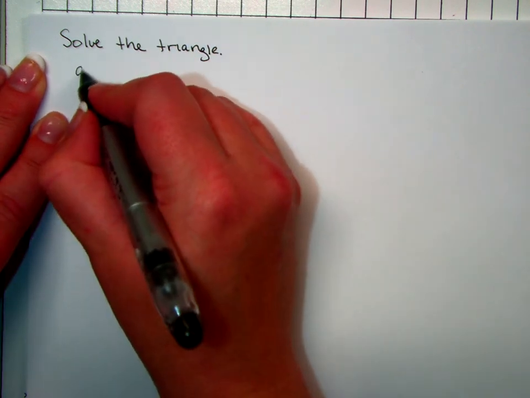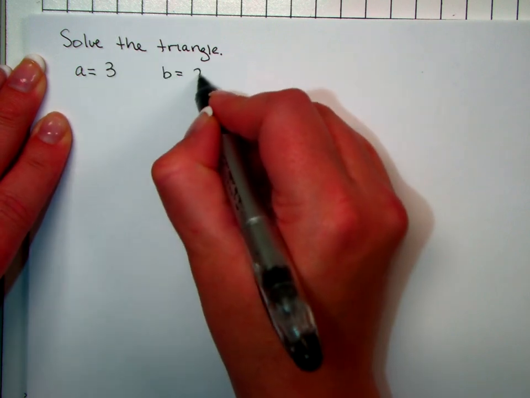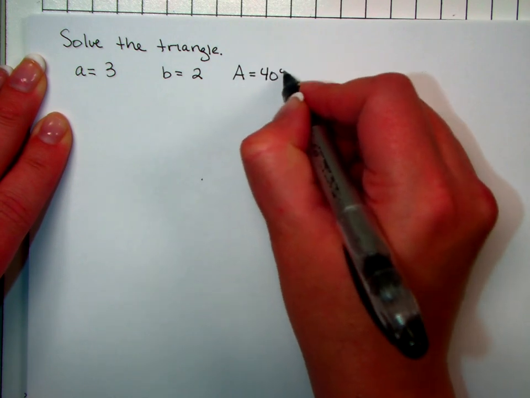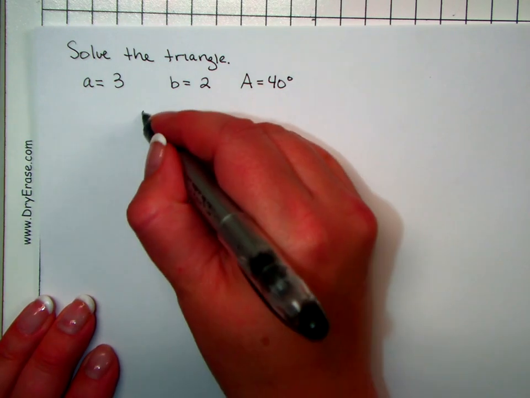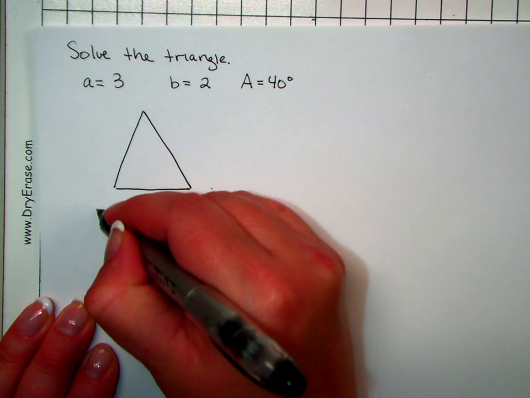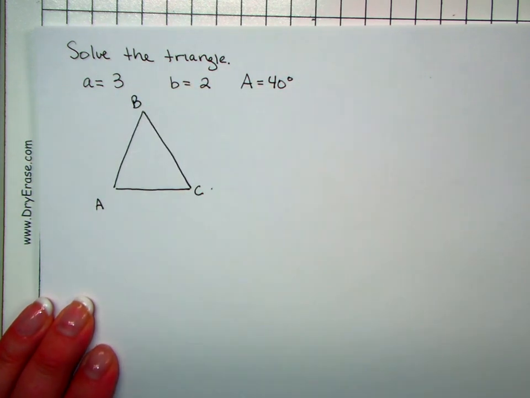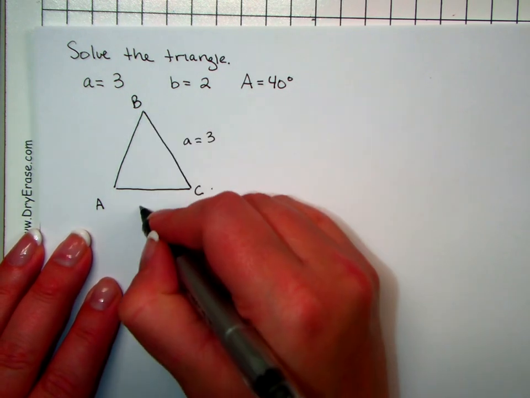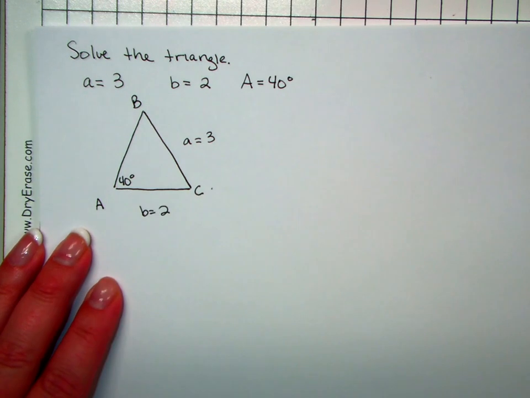So we're given little a is 3, little b is 2, and angle A is 40 degrees. So side-side-angle. So we're going to do it A, B, and C here. Little a is 3, little b is 2, and angle A is 40 degrees.